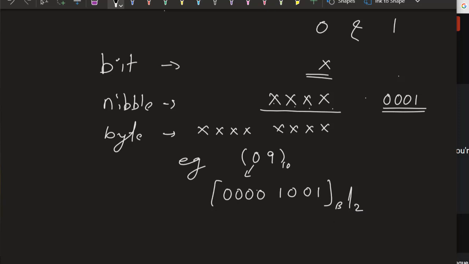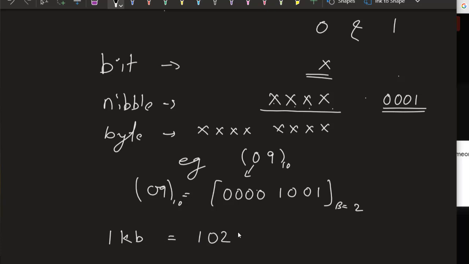Clear? That is base 2, and this is the equivalent of 9, that is base 10. Now apart from this byte, the other thing that you must know is 1 KB. So 1 KB is basically a representation of 1024 bytes.